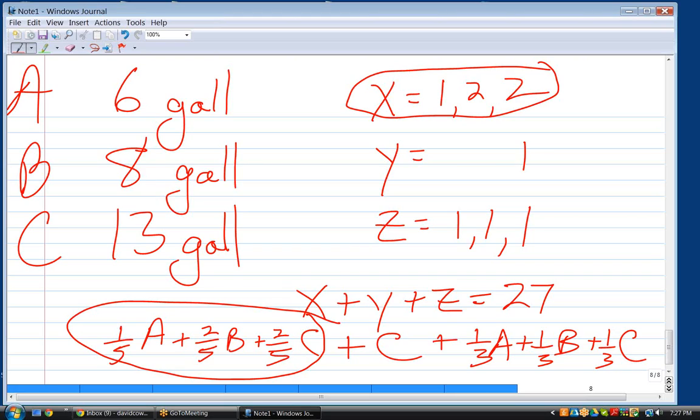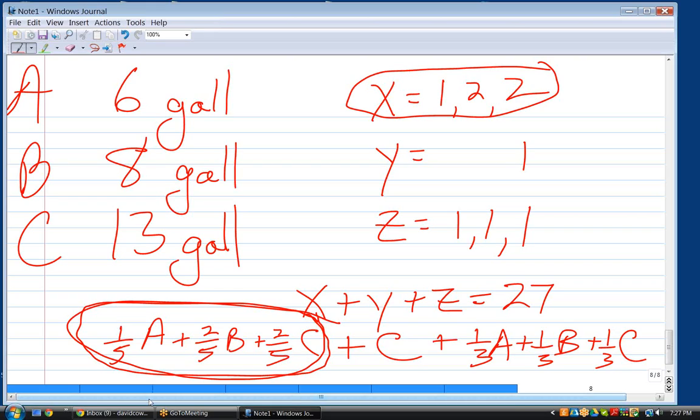For every gallon of X, I'm going to have 1/5 of A. I'm not thinking about this correctly. Let me see if I can think of another way to do this.